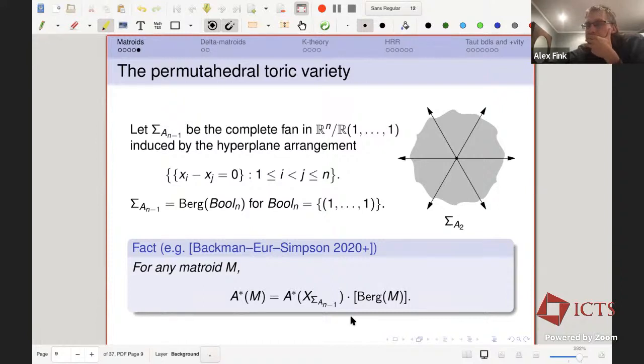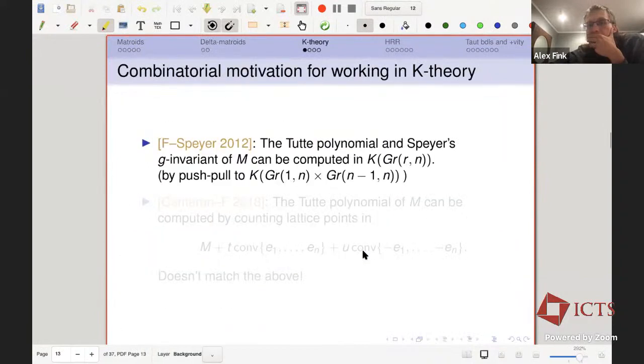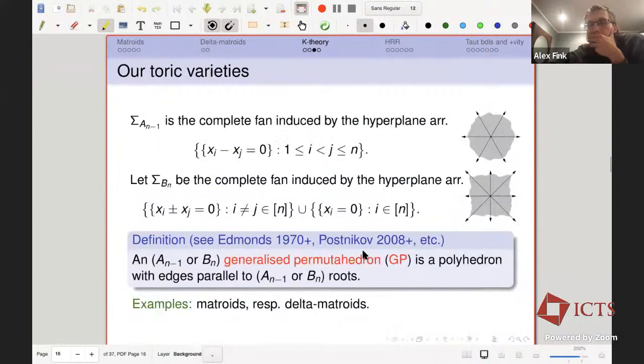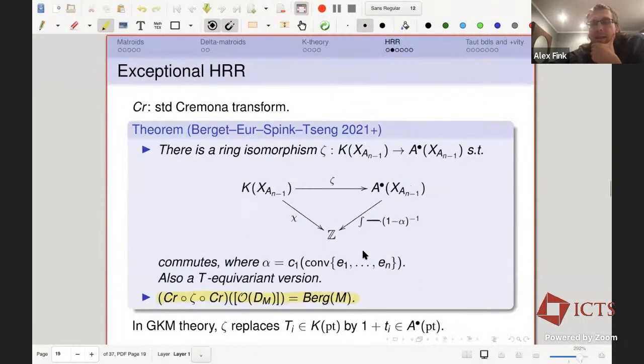Comments? Yeah, so in the exceptional HRR case, A-type, what is the map? Is it the Chern character map? It is. I've written its description at the bottom here, I'll highlight it in orange. The way it was defined is by this localization computation.